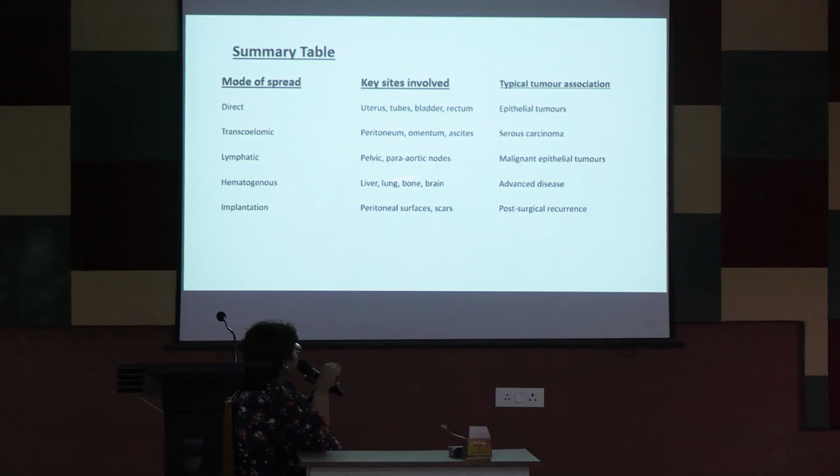Hematogenous spread occurs in advanced stages of any kind of ovarian carcinoma; lung, liver, bone and brain may be affected. And implantation may occur on peritoneal surfaces and scars, and this implantation may give rise to post-surgical recurrences.